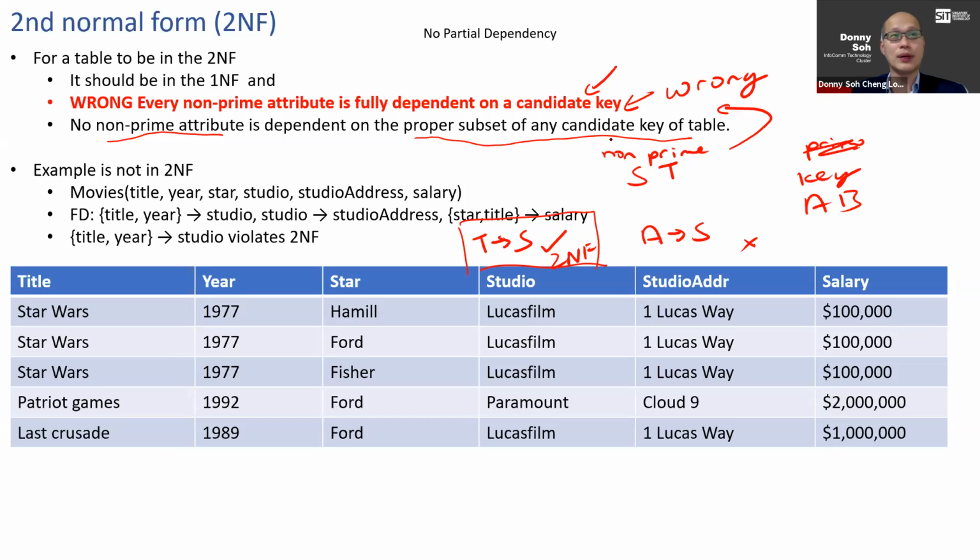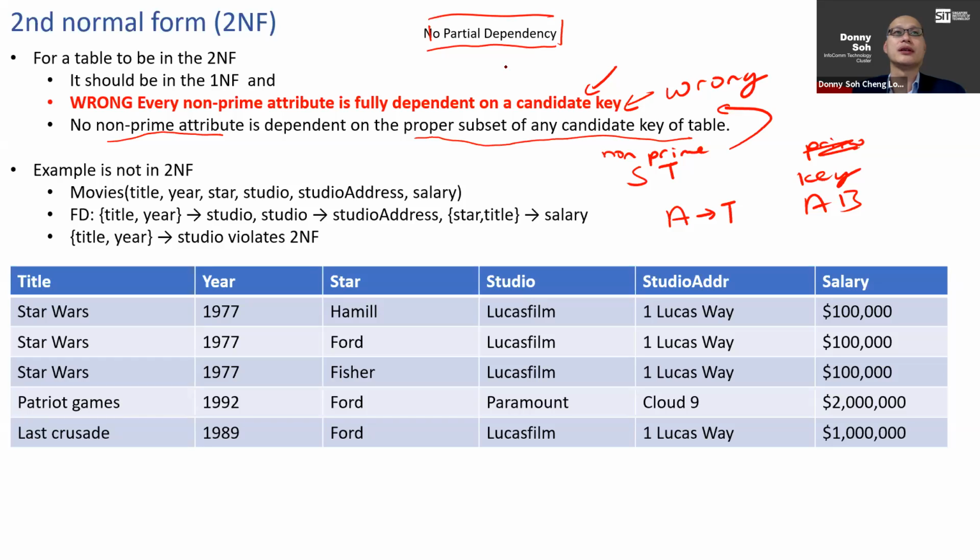Once again, last week when I shared about 2NF, I only covered one part of it: if A, B are keys and S, T are non-prime attributes, I cannot have a part of a key imply my non-prime attribute. This is the partial dependency.